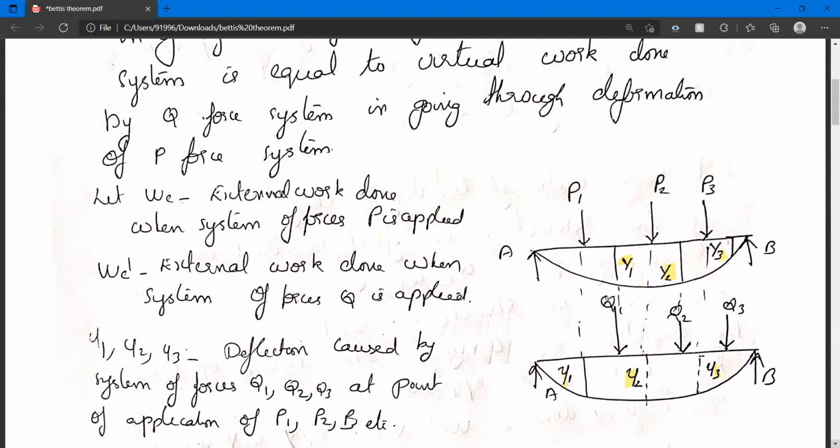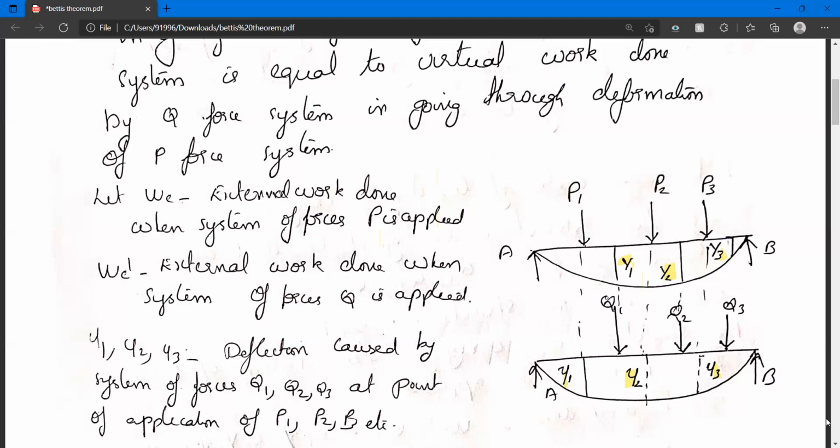And what is small y1, small y2, small y3? Small y1, small y2, small y3 are the deformations coming when loads Q1, Q2, Q3 are applied, at the point where P1, P2, P3 are to be applied. Okay, you can see here small y1, small y2, small y3 is the deflection caused by system of forces Q1, Q2, Q3 at point of application of P1, P2, P3.